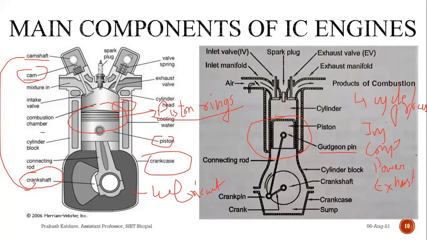So to prevent this we use a flywheel, which ensures that whatever torque or power we generate will be in a uniform manner. Whatever additional is generated, it will first absorb it and then release it whenever the requirement is there.